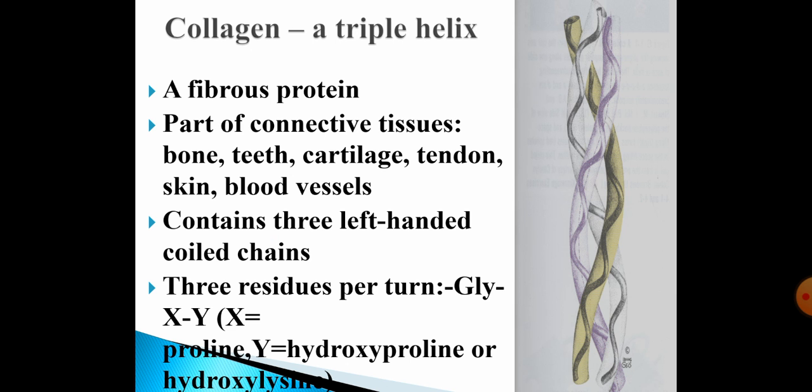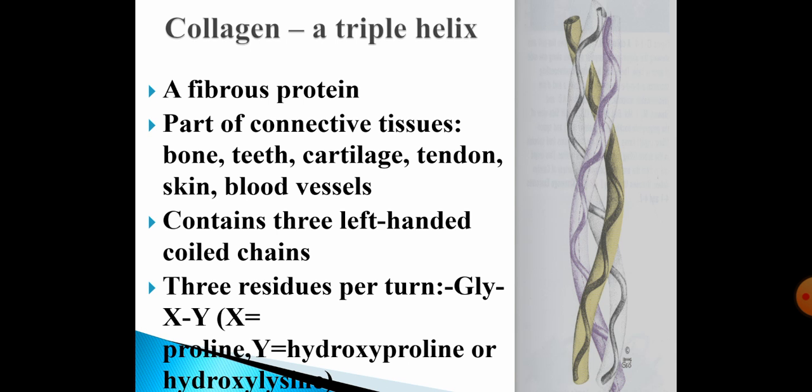It's a triple helix. It is a fibrous protein, a part of connective tissues, bone, teeth, cartilage, tendon, skin, and blood vessels. It contains three left-handed coiled chains. The repeating series is glycine-X-Y, where X is proline and Y is hydroxyproline or hydroxylysine. So glycine is a very important component of collagen.